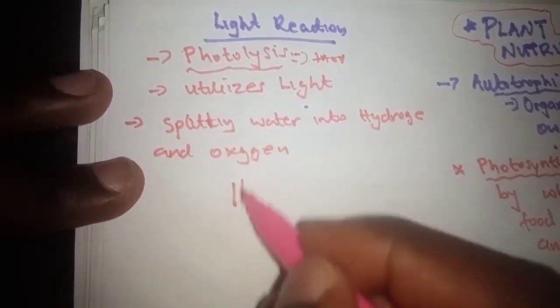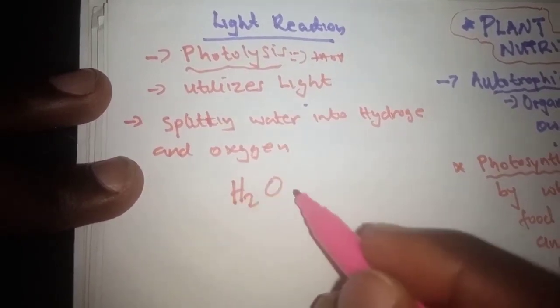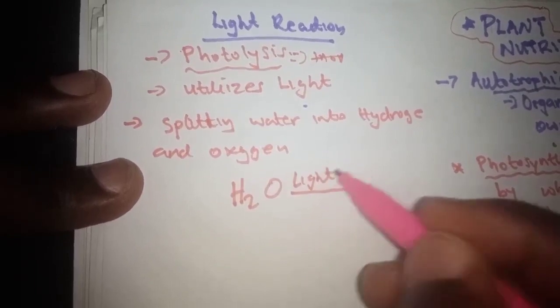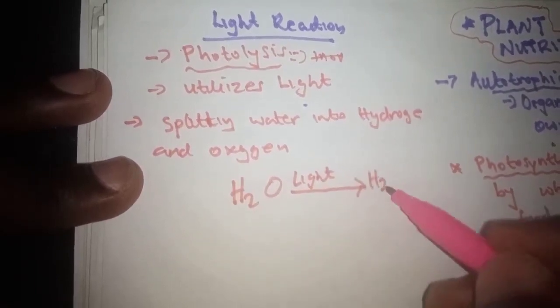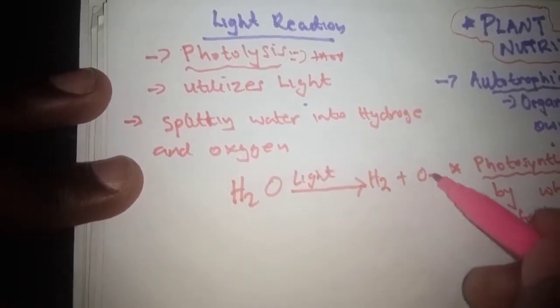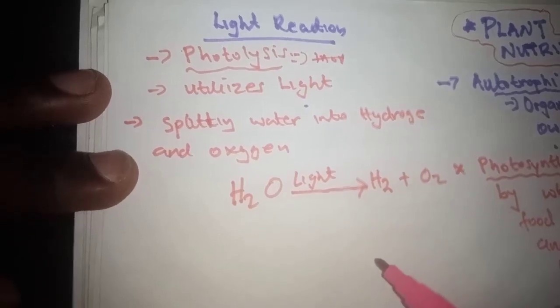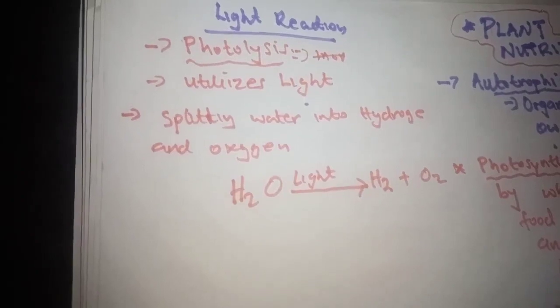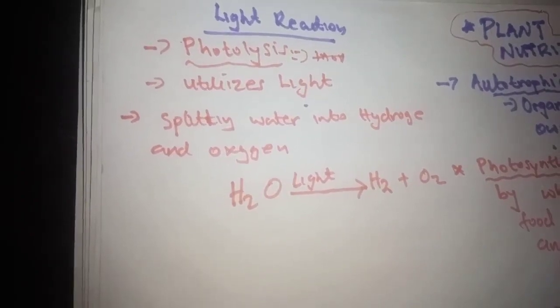You have a water molecule, which is H2O. Here you have light, it will split it into hydrogen and what? And oxygen. So this is basically what is taking place in the light reaction.